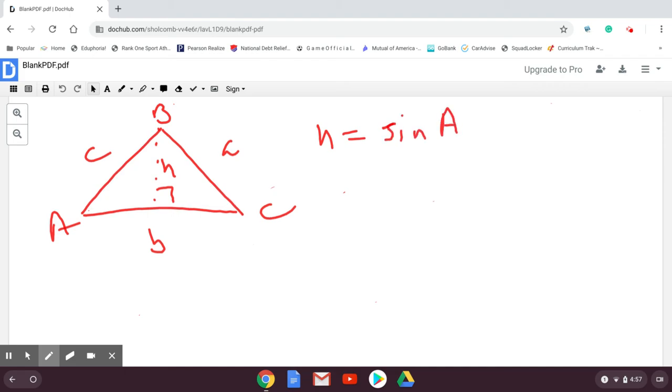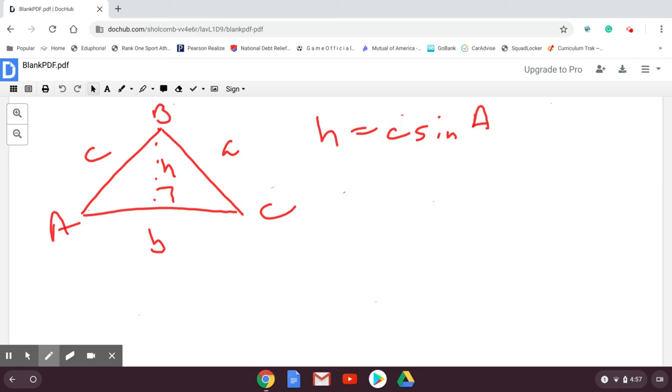of A. Well, I'm getting a little bit mixed up there. Hold on, let me erase that. I'm trying to save time on the video. You'll find that the h is equal to c sine of A once you do the trig calculation. And you could solve that and see that for yourself. It's even in the book if you need to know more.